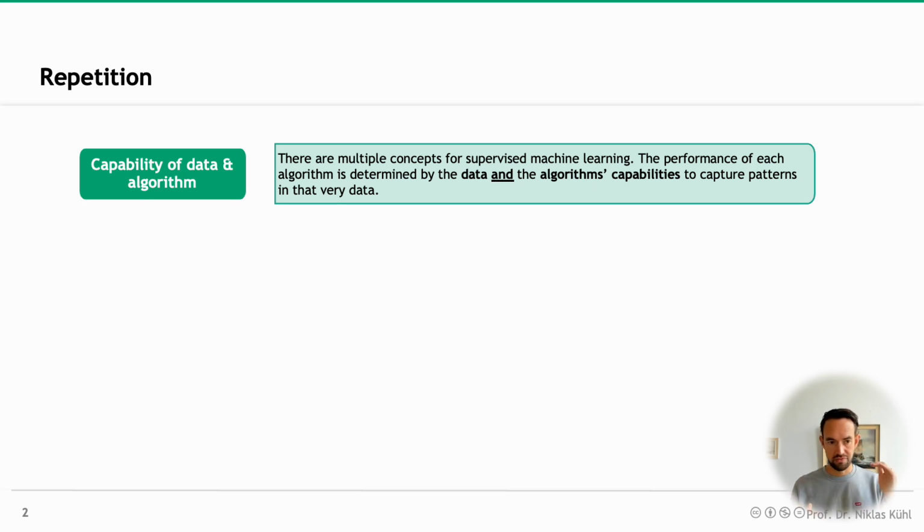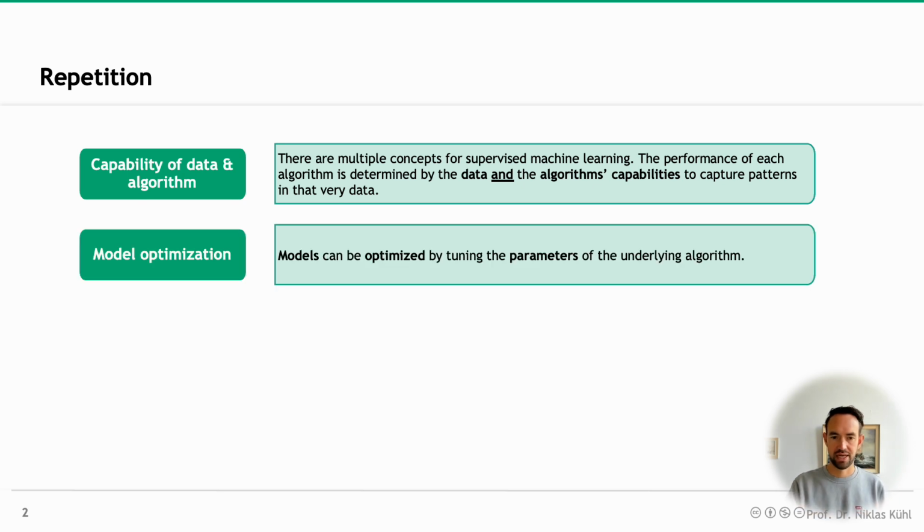The first thing that I really want to stress again is this very interplay of data, algorithm capabilities, and the performance metric that you choose, and that has to be regarded as a holistic phenomenon.